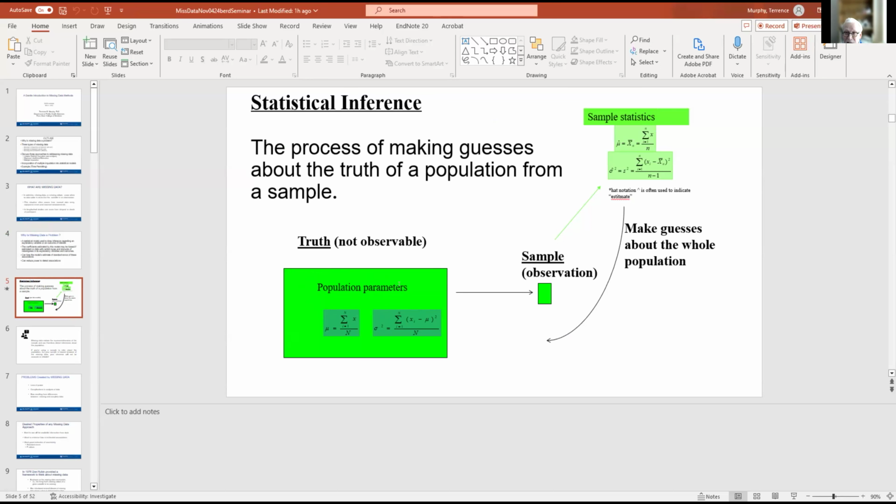We can usually not get our arms around an entire population, so we gather samples, which we usually want to be random samples so that they're representative. We calculate sample statistics, and from those sample statistics, we make guesses about the whole population. That's the process of statistical inference.